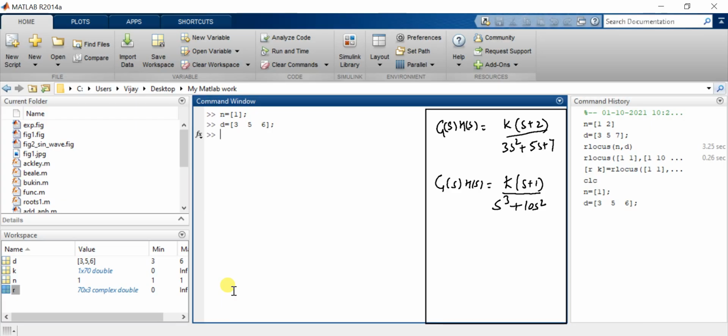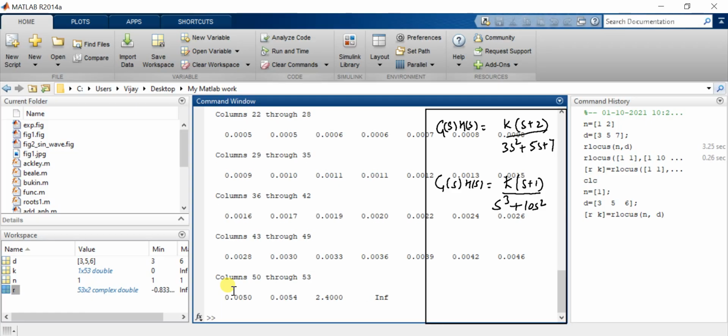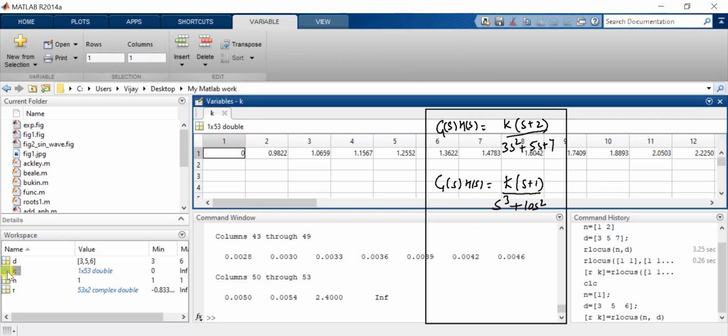This is the d matrix, and when you solve it for roots r and the value of k, and you just plot rlocus and pass n and d, this will give you k in the workspace.